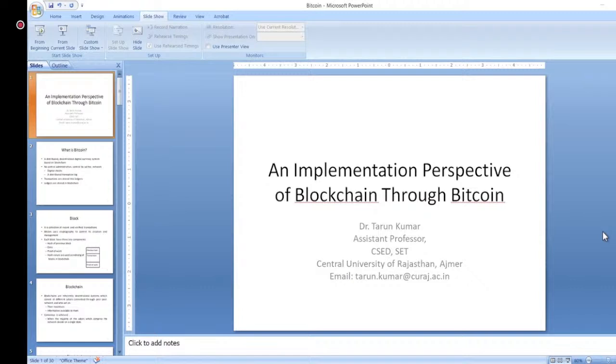Through this session, I would like to explain the design of Bitcoin. Bitcoin is the very first cryptocurrency, proposed by Satoshi Nakamoto in 2008. It is the basis of all the different kinds of cryptocurrencies and of the concept of blockchain as well. So through this session, I will explain the concept of Bitcoin, and I would also like to discuss the challenges you will face when you develop your own application on the blockchain.